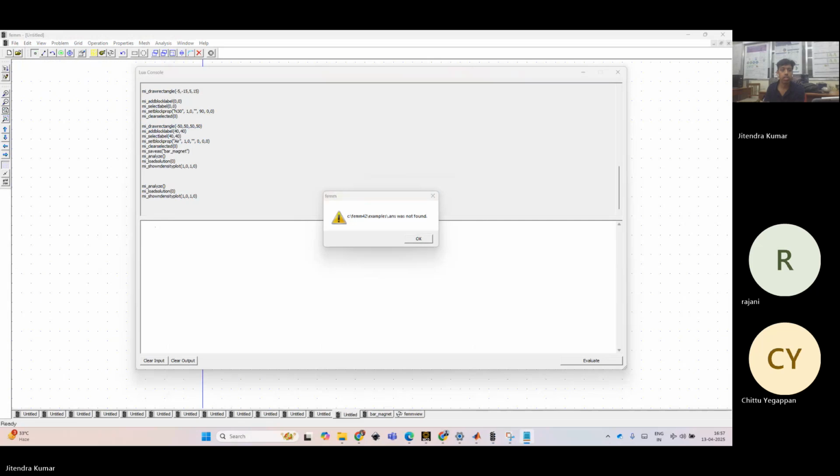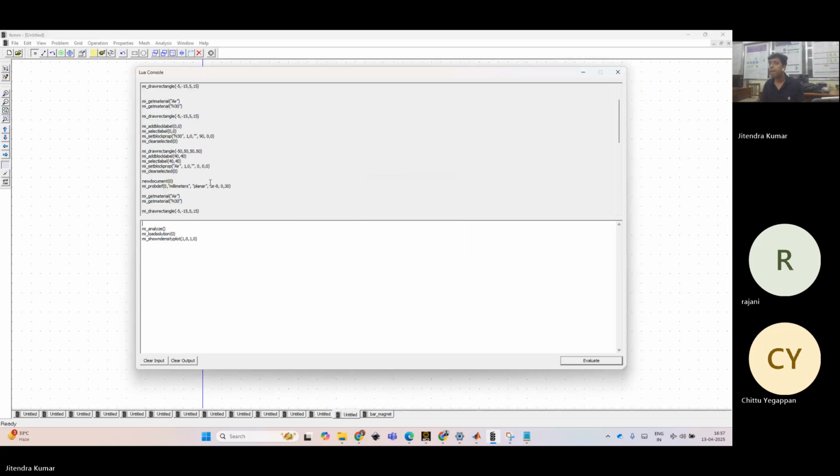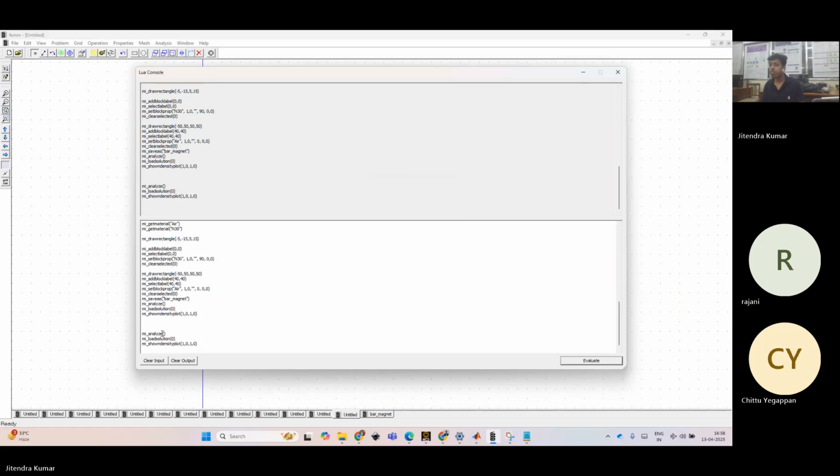So we are getting error here because we haven't created boundary condition that is required, right? So we have to create boundary condition in between before the solving.